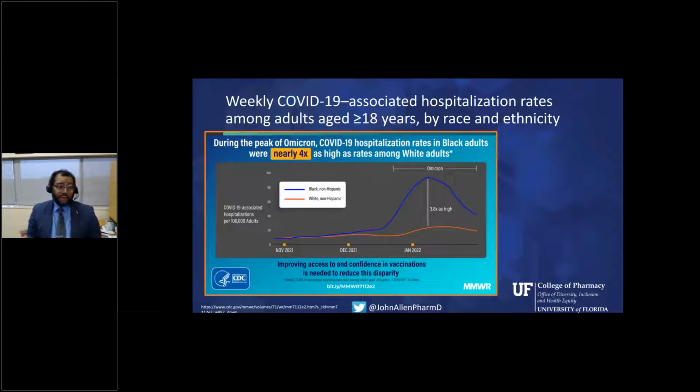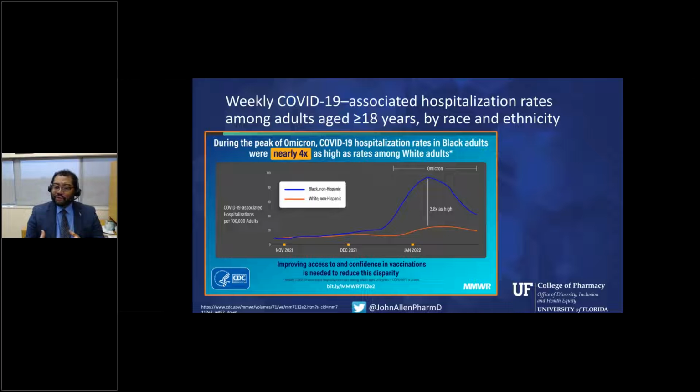This was a report from the CDC that recently was released, and it illustrated that as compared to the earlier phases of the pandemic, looking at recent hospitalization rates of COVID-19 associated hospitalization in adult patients, we saw that Black non-Hispanic patients had 3.8 times higher risk of COVID-19 associated hospitalization per 100,000 adults as compared to non-Hispanic whites.